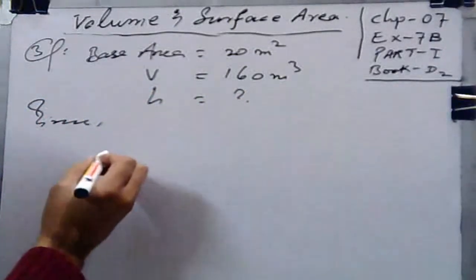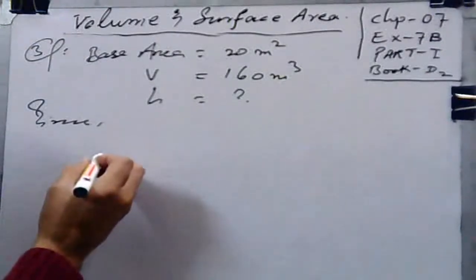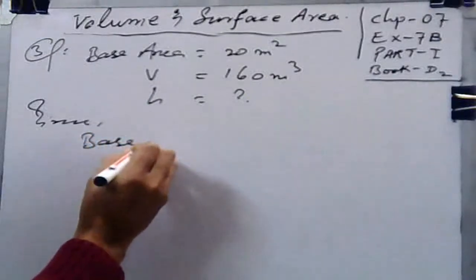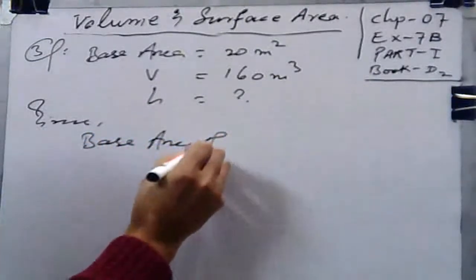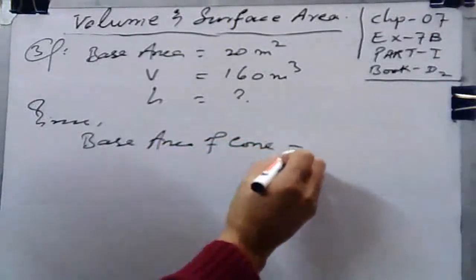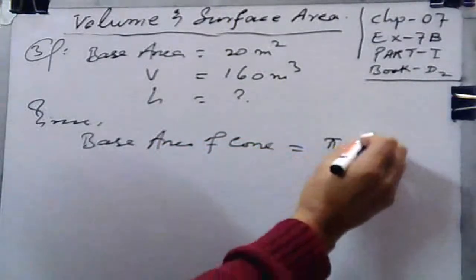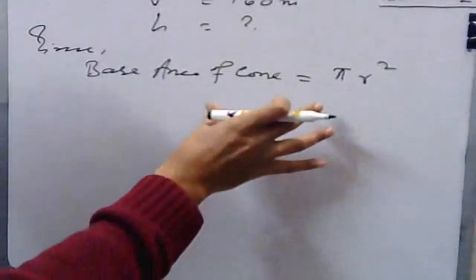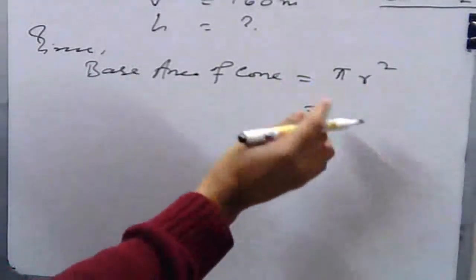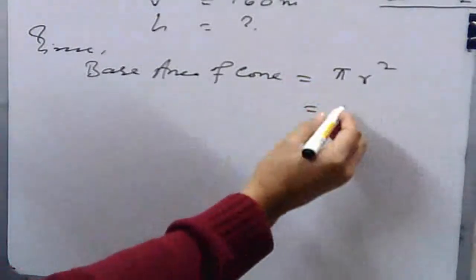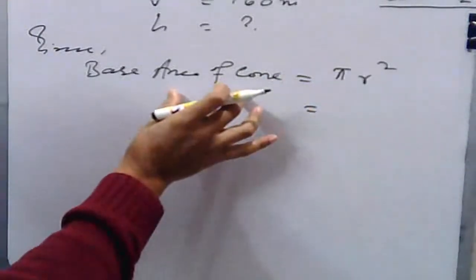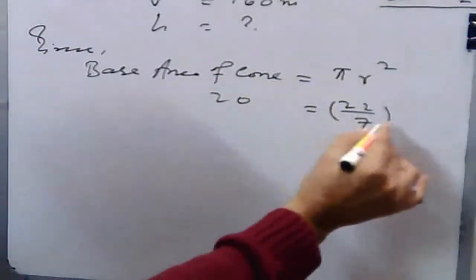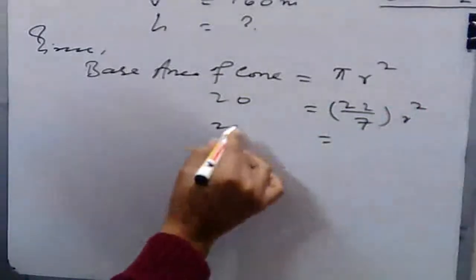Since the base area of a cone is equal to pi r square, with the help of this formula we can find the value of r. The base area is 20 and pi is 22 by 7, times r square.